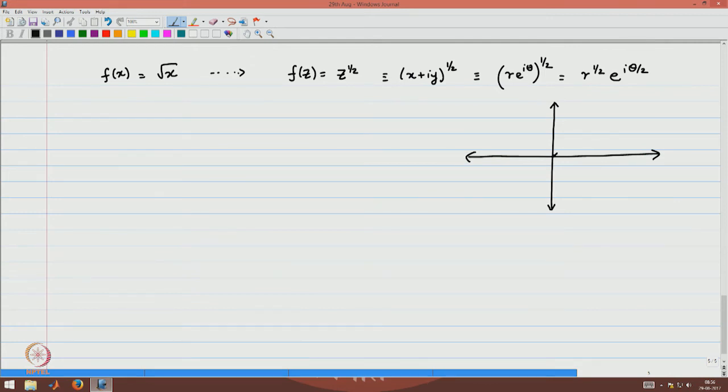So, if this was my point which was given by x y or theta, okay, then the square root will have angle theta by 2 and it will have length of r raised to half, square root of r.